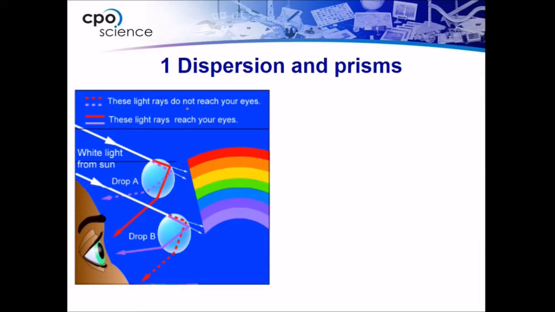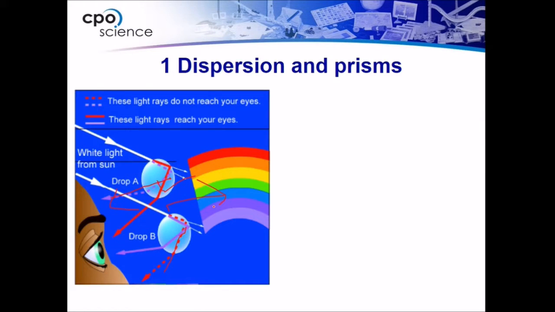These light rays do not reach our eyes. These are the light rays, but these light rays do reach our eyes. So with white light from the sun, we see a kind of rainbow on a bright rainy day or just after rain.